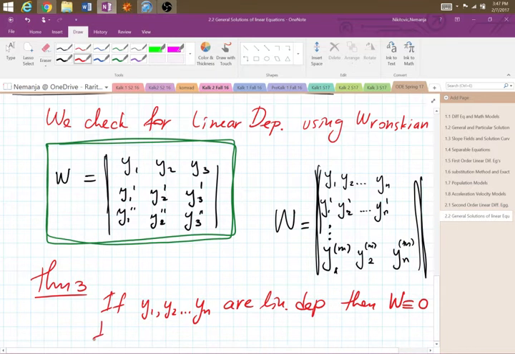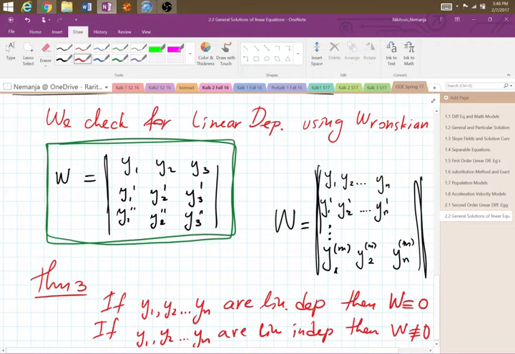And if y1, y2, y3, yn are linearly independent, then the Wronskian would be different than 0.